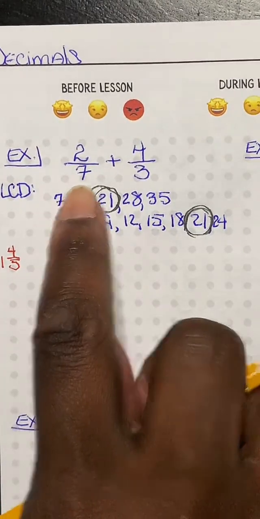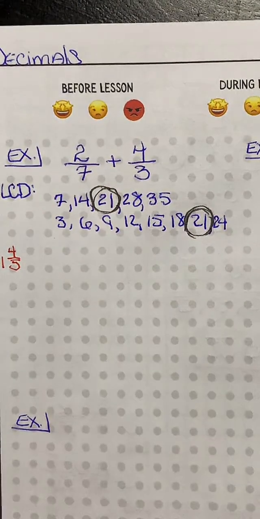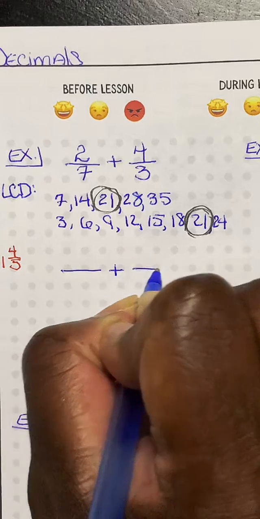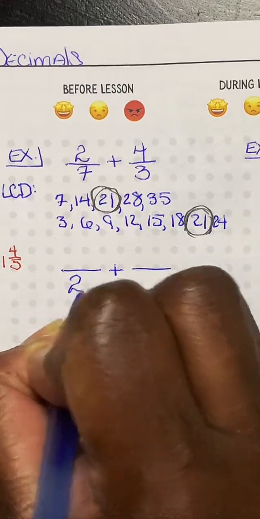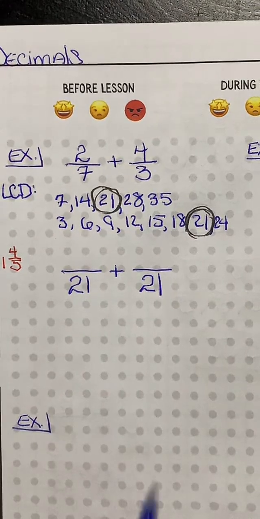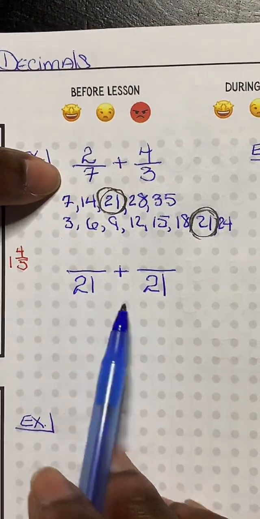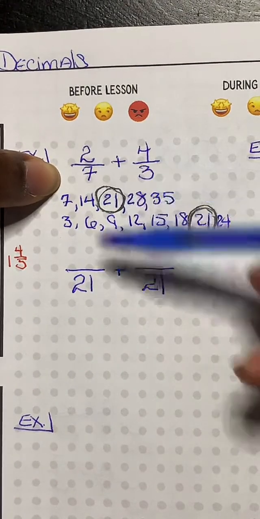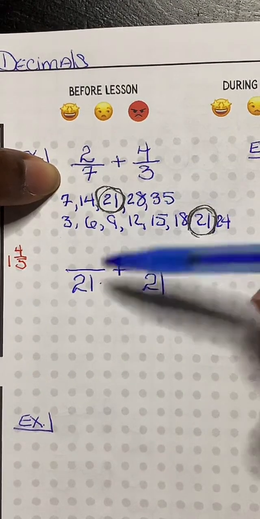So what we need to do is change those denominators to be 21. Now I got to think through multiplication. 7 times what will give me 21?